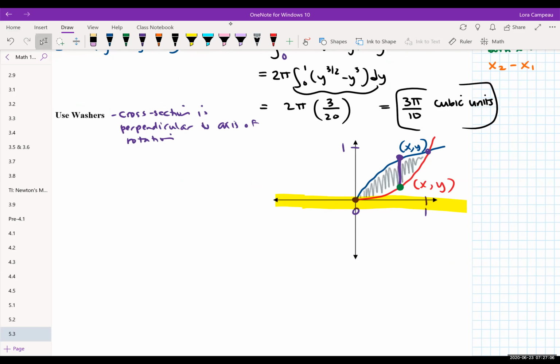And now when you want to draw your washer, remember we're trying to draw a quick reflection so we can kind of see that, go about the same distance to draw your other point. So we should have this happening. And same story. Take about the same distance for your cross-section, your other points, so then we can see the reason for the washer.